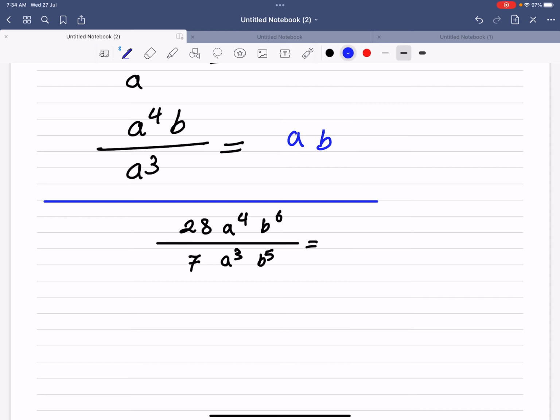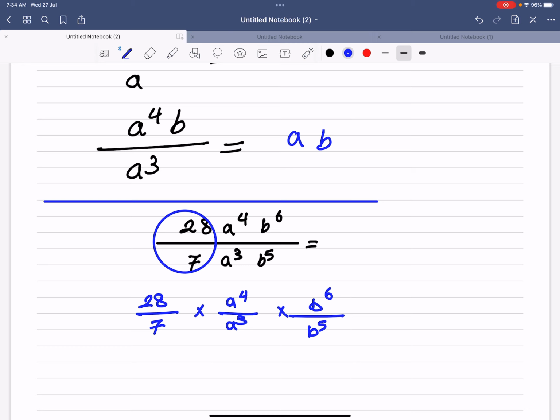I'm going to write everything alone. I'm going to start with 28 over 7, this will be the first, times a raised to the power 4 over a raised to the power 3 times b raised to the power 6 over b raised to the power 5.